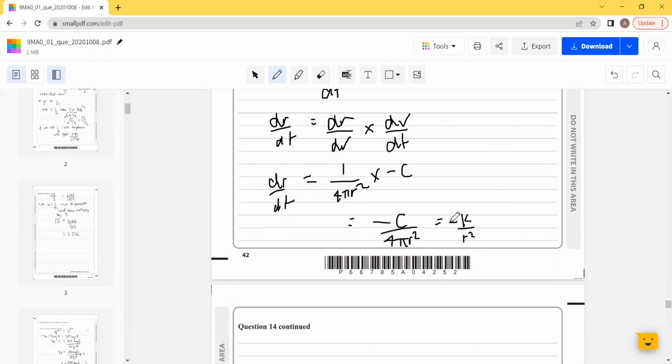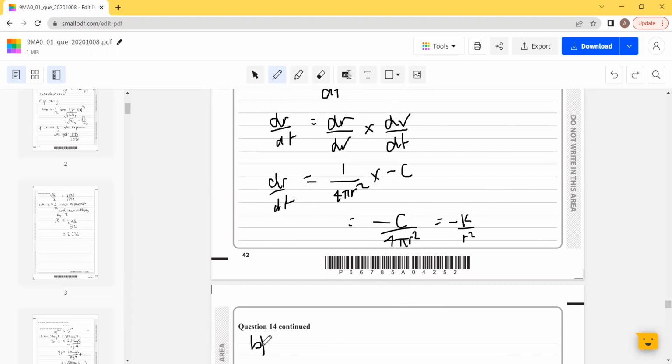So I'm basically saying that c is the constant. So I can also complete it by saying c over 4 pi is k. Or no, hold on. What am I saying? This is how you'd show it.